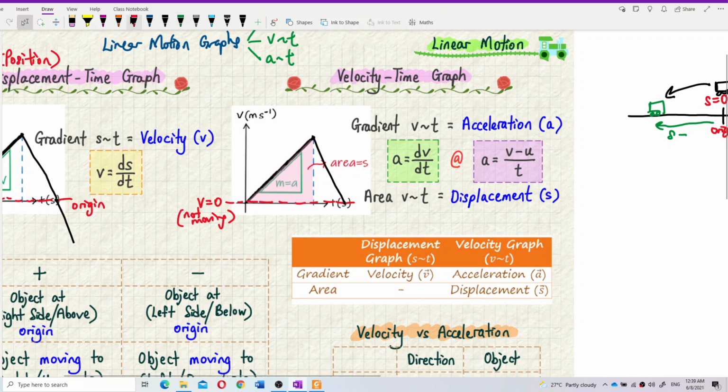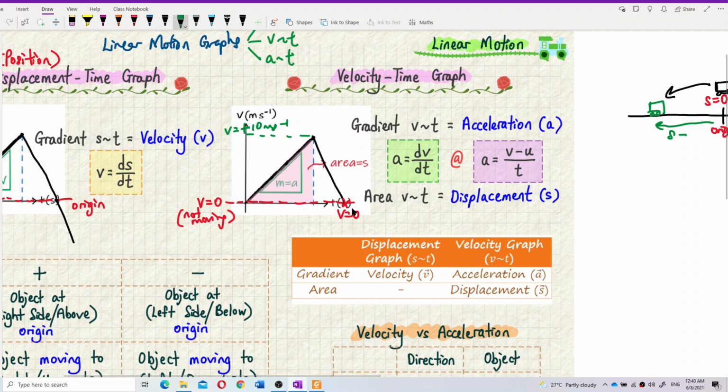So the car is going faster and faster, accelerating until maybe the velocity becomes 10 meters per second at the top speed, and then it slows down, and then the car stops again.